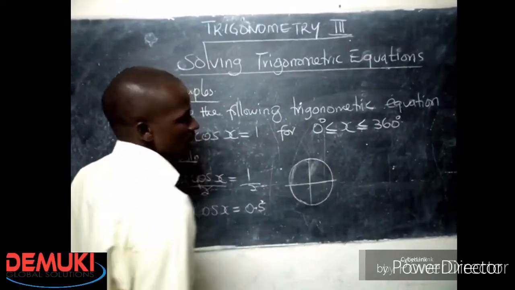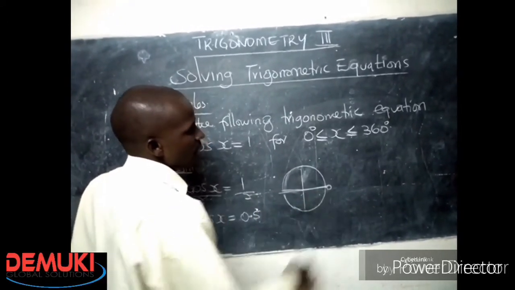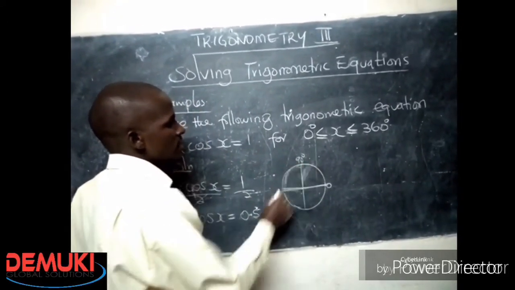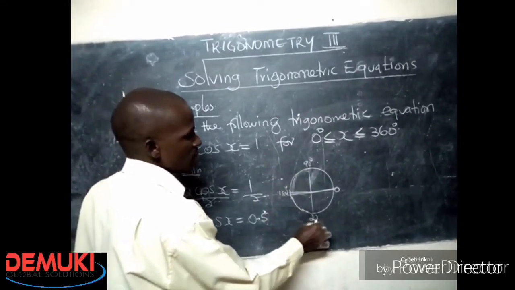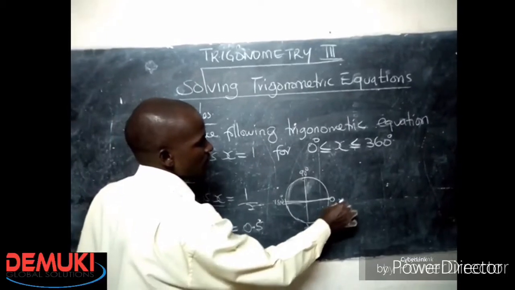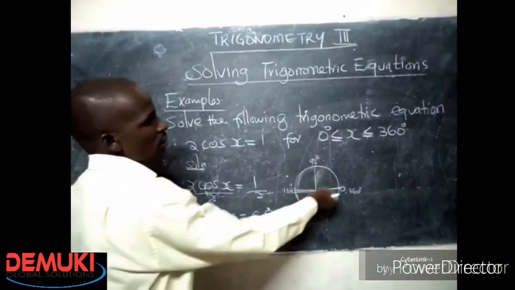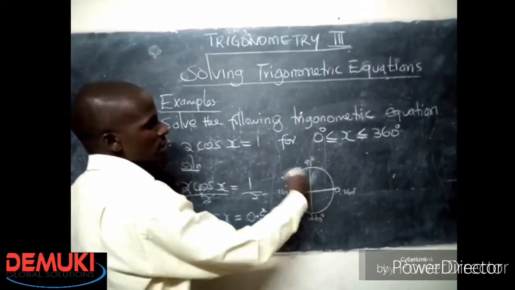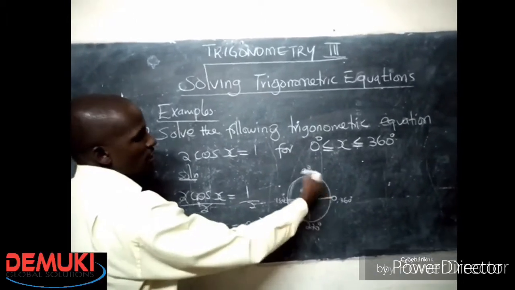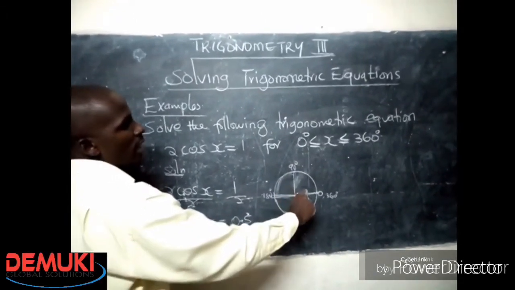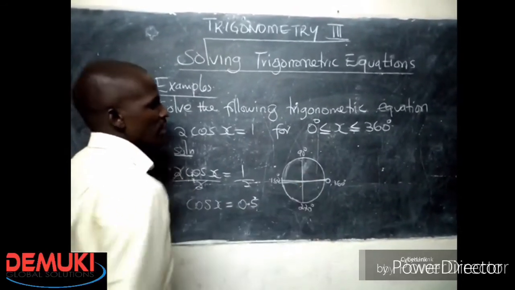Now from there, I have what I usually call the unit circle. In the unit circle, we add angles beginning from 0, then 90 degrees, 180 degrees, 270 degrees, and then 360 degrees. Going in the positive direction is anti-clockwise for positive angles, and clockwise for negative angles.